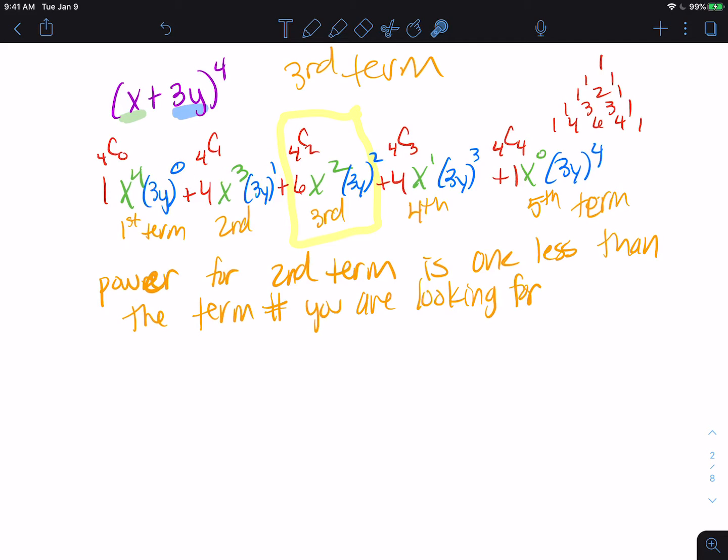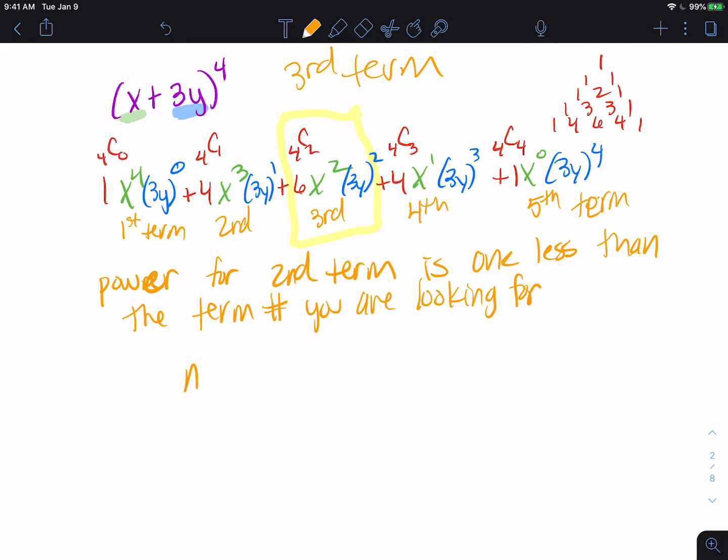So 0, 1, 2, 3, 4, right? So if I want the third term, we're starting counting at 0. Or you could use your fingers and say verbally 0, 1, 2, so then your third finger goes with 2. Whatever way you want to do it is fine. So whatever term you're looking for, it'll be the second term raised to 1 less than that.